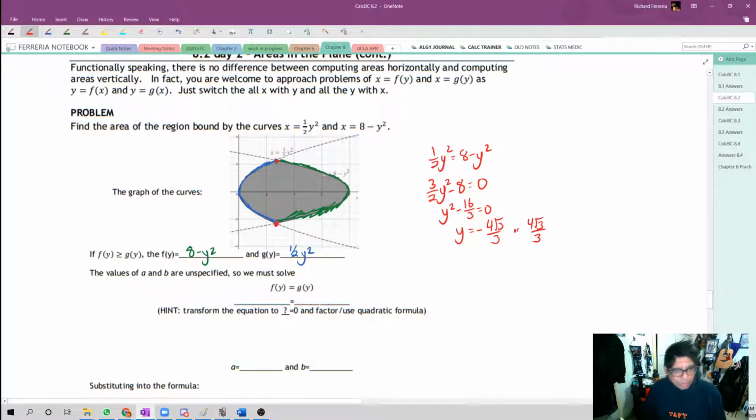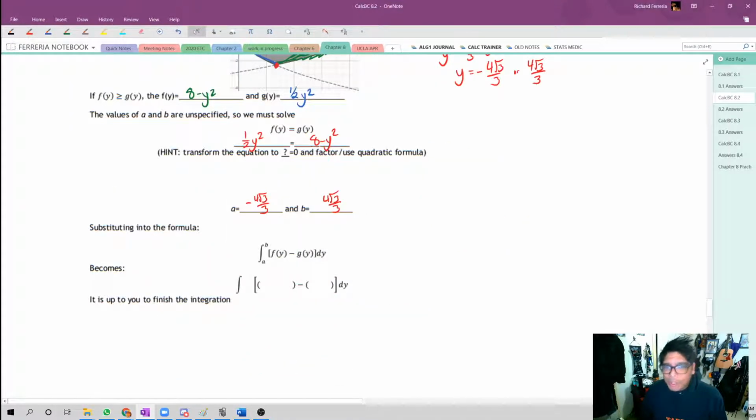There was a space over here for me to write that, so I might as well write that. So a is equal to negative 4 root 3 over 3, and b is positive 4 root 3 over 3.